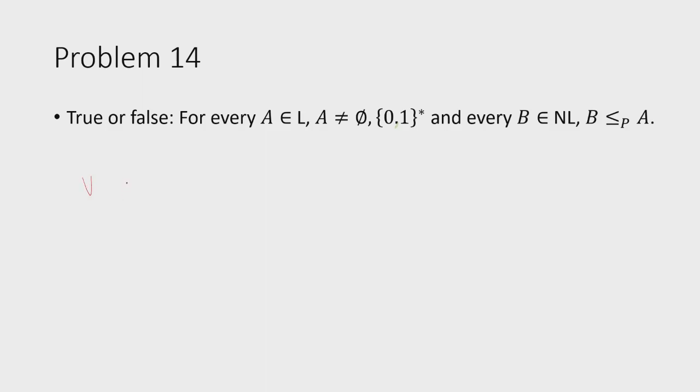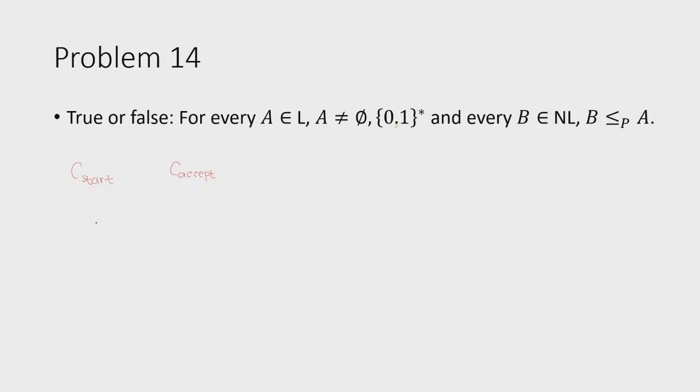Wait. So you have this configuration C start and this configuration C accept, right? And the question that you are asking is in the context of finding a path from C start to C accept, right? Yes.